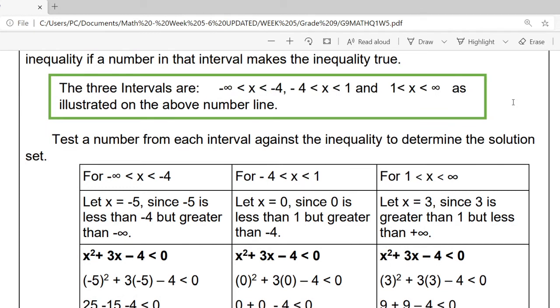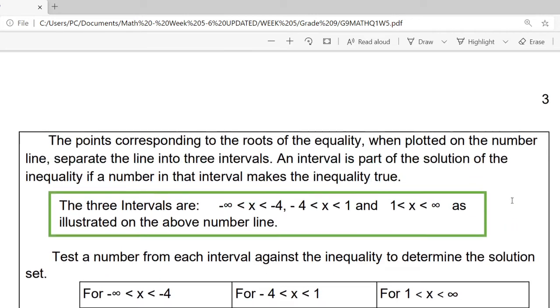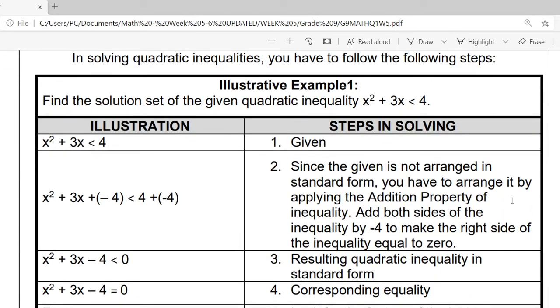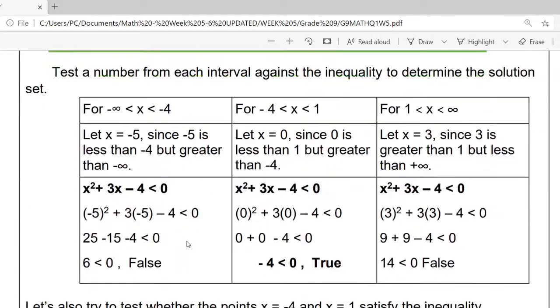Our first interval is x greater than negative infinity but less than negative 4. So what number is less than negative 4? It can be negative 5, negative 6, negative 7, negative 8, and so on. But we choose negative 5. Using the quadratic inequality from earlier, we will solve.